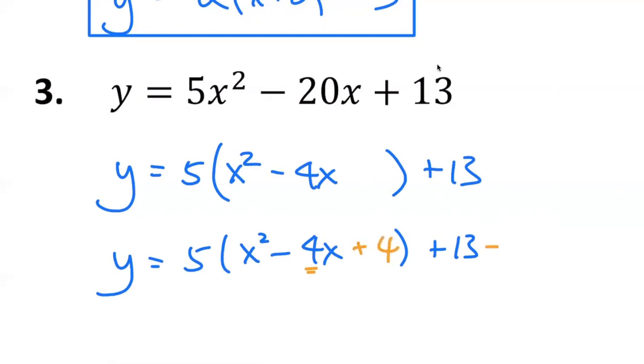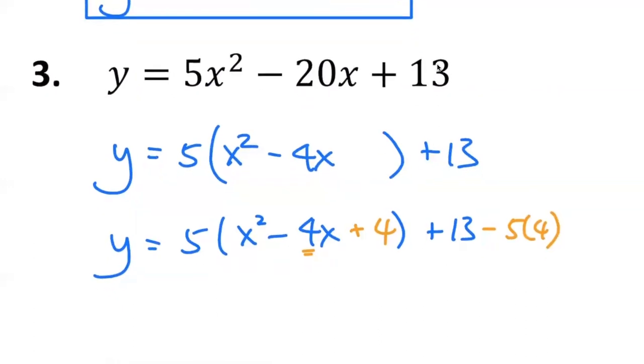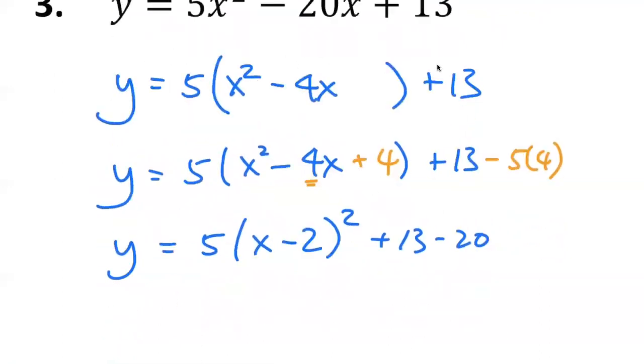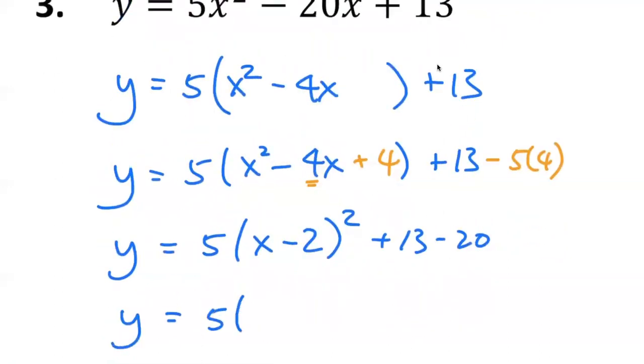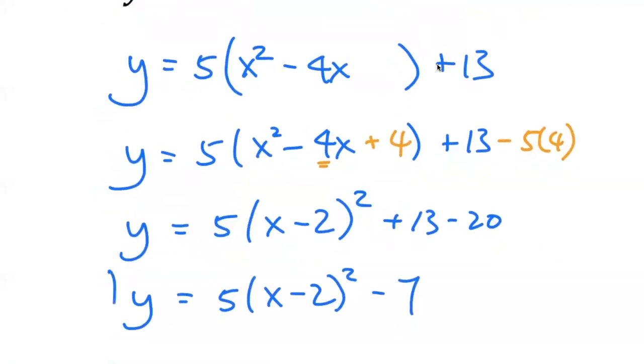And then we have to subtract. Subtract what? 5 times 4. Okay. All right. So we are now going to write down our perfect square, which is x minus 2 squared plus 13 minus 20. So y is equal to 5 times x minus 2 squared minus 7.